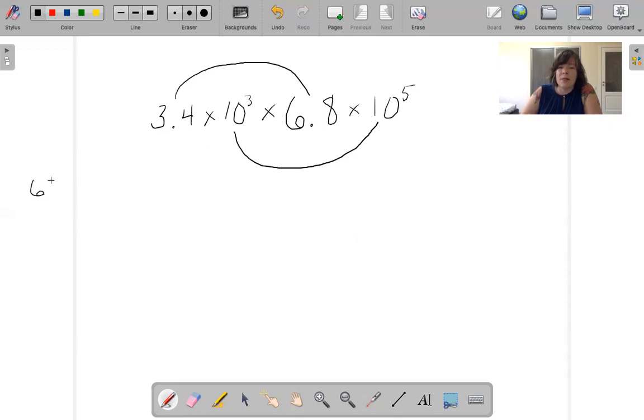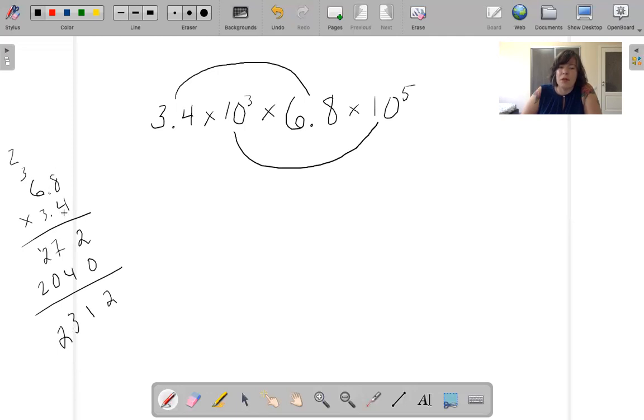So I need to do 6.8 times 3.4. 4 times 8 is 32. 6 times 4 is 24, plus 3 is 27. Bring down a 0. 3 times 8 is 24. 3 times 6 is 18, plus 2 is 20. 2, 3, 1, 2.